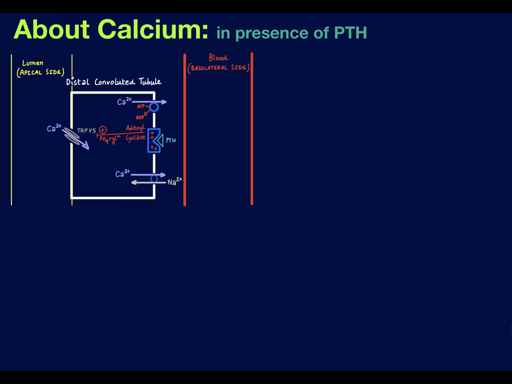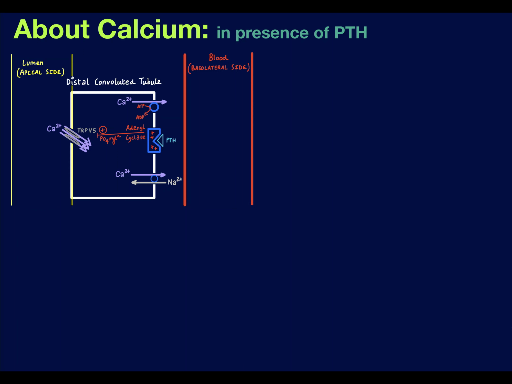And like in vitamin D, we saw that there is stabilization of the open state of TRPV5 and TRPV6 transporters. Similarly, here too, phosphorylation of TRPV5 and TRPV6 transporters by the downstream machinery of activated parathyroid hormone receptor causes stabilization of the open state of these transporters.